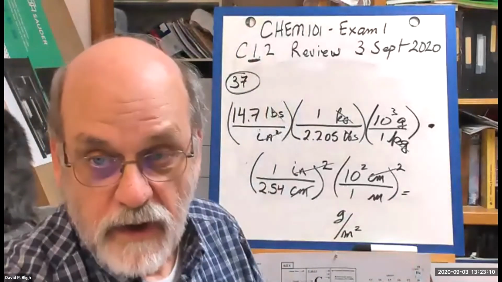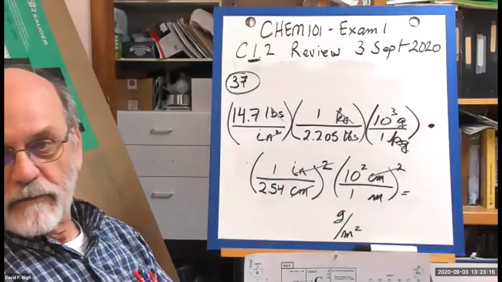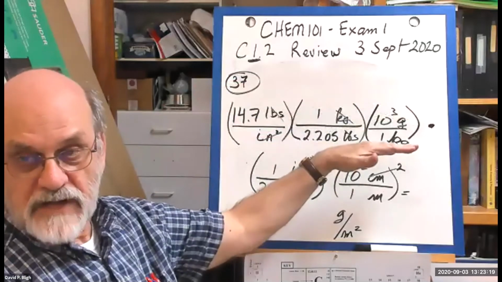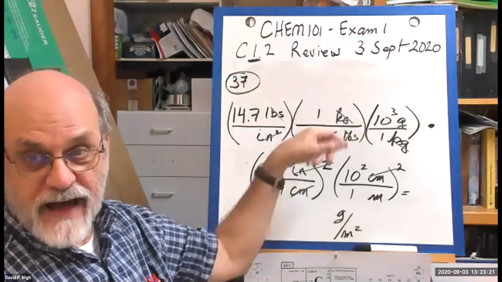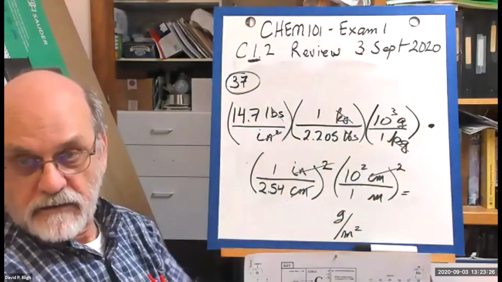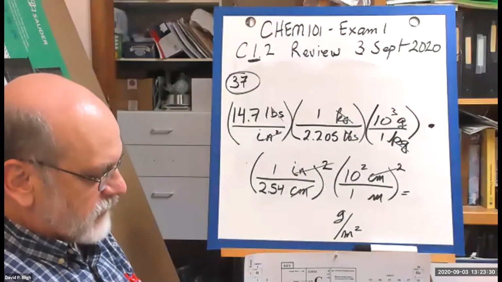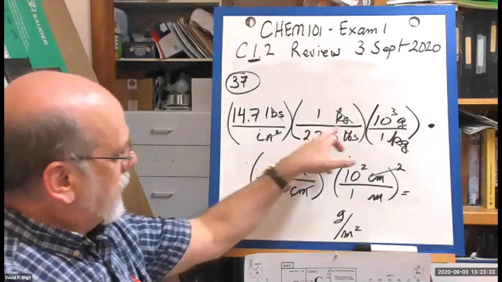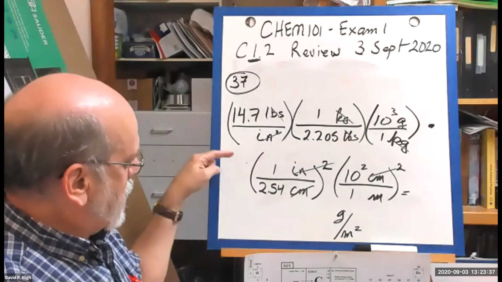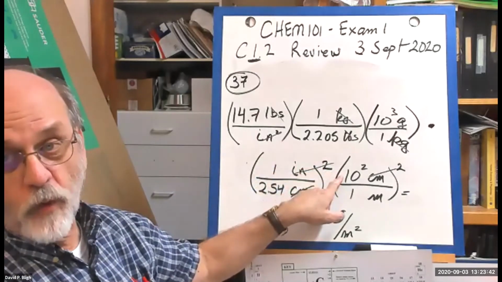Now what we have to do is crunch the numbers. So how do you do it on your calculator? Well, I do all of the numerators times each other, and then I divide sequentially by the denominator. So 14.7 and 1,000 times, and 1 times, and what's 10 squared? That's 10 to the 4th, correct?